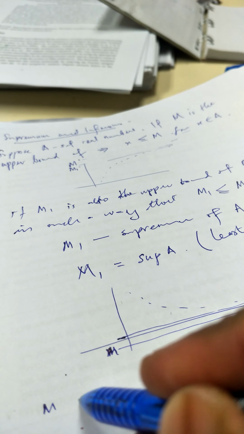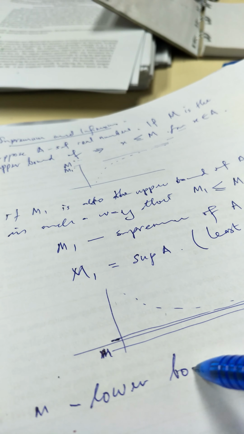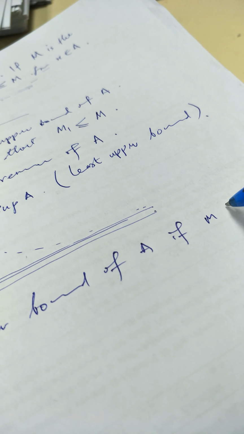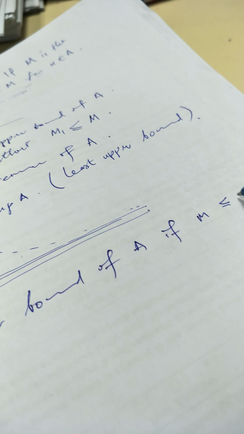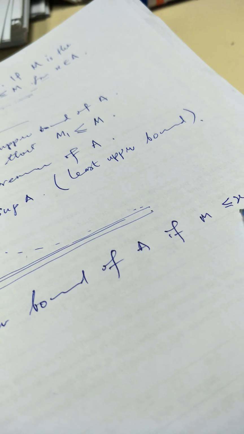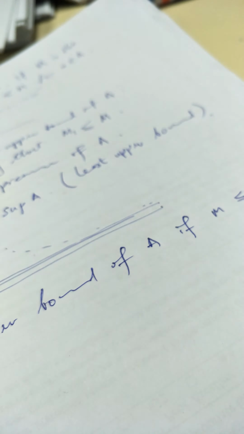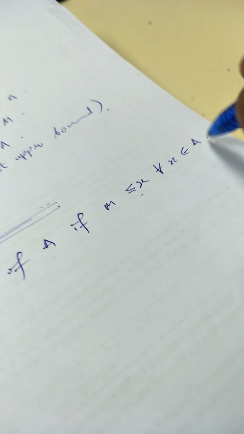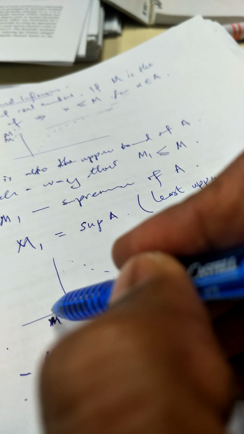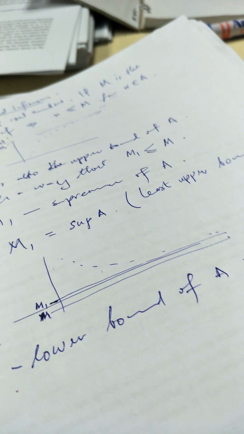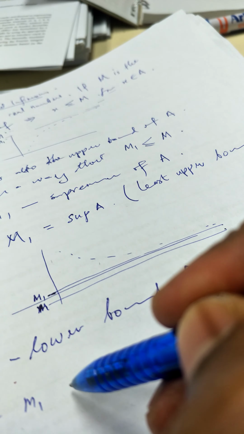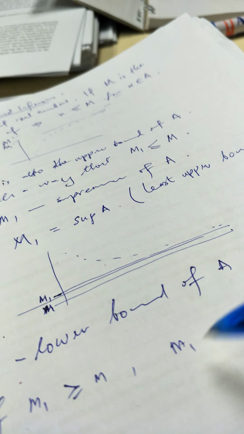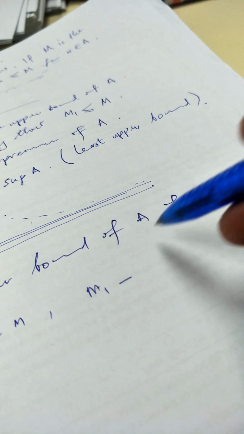Then we say m is a lower bound of A if m is less than or equal to x, where x is an element of the set, for all x in A. If we have another element, small m1, and m1 is greater than or equal to m, then this m1 we call the greatest lower bound.